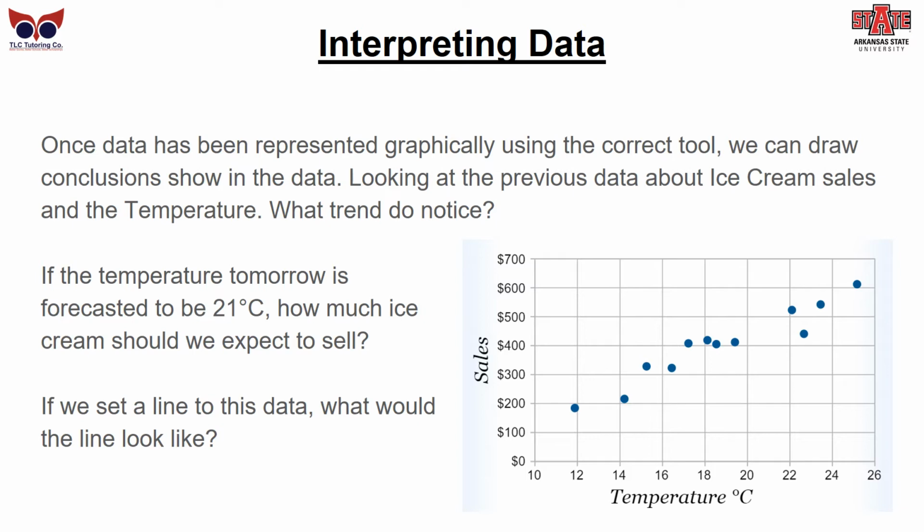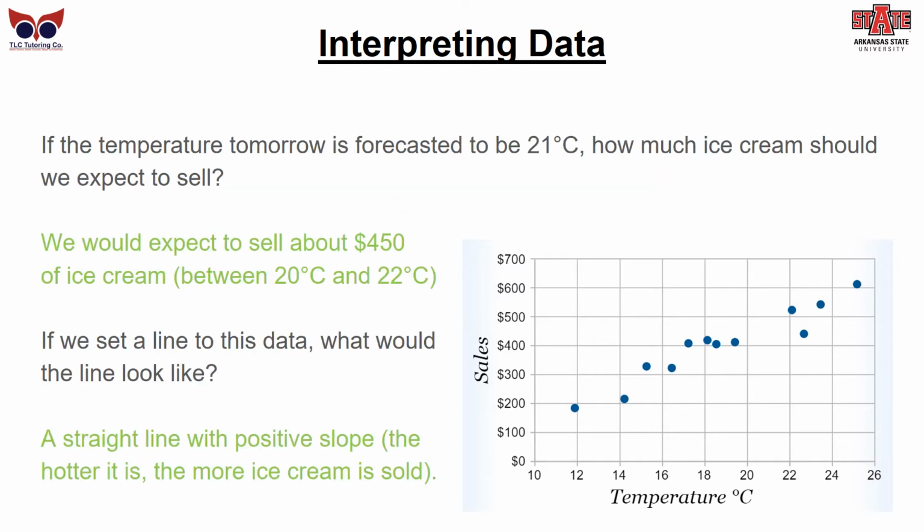And if we were to set a line in this data, what might that line look like? We would expect to sell about $450 worth of ice cream. That's the points between 20 degrees C and 22 degrees C. And we would expect a straight line with positive slope, and that the hotter it is, the more ice cream is sold.